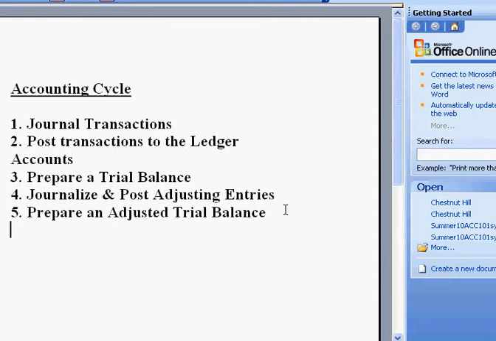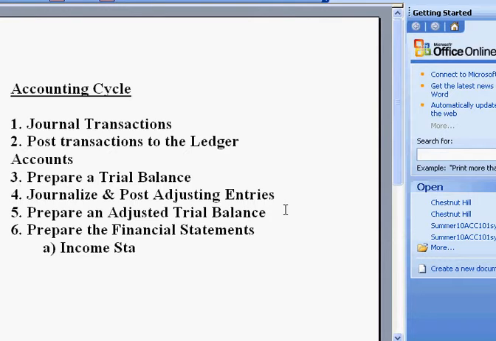Step 6 is to prepare the financial statements. Pop quiz. What are the financial statements? A, the income statement.